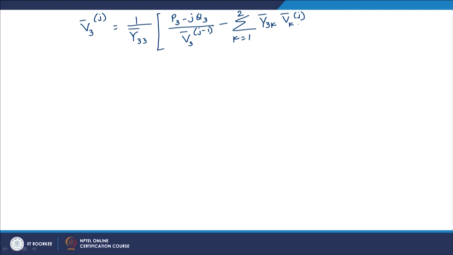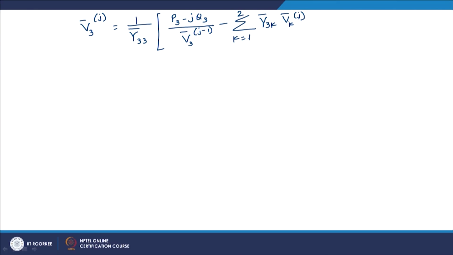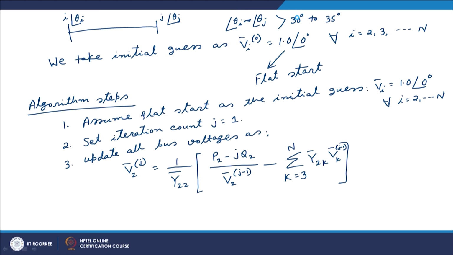So we would be utilizing this bus voltage V2j. When k is equal to 1, it would be Y31 V1j, but because the voltage of the slack bus is always held constant, for bus 1 it is always the same. When k is equal to 2 it would be V2j, which we have already calculated in the last step.